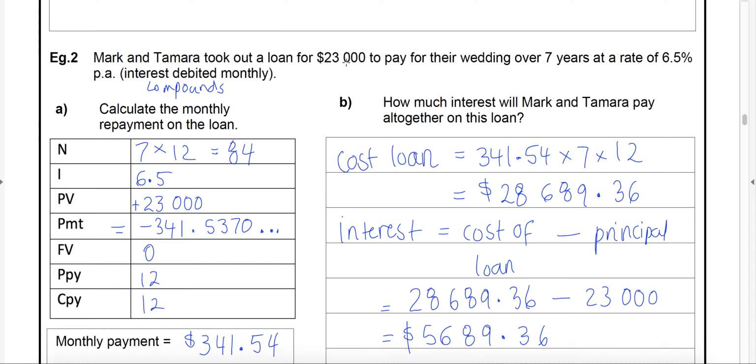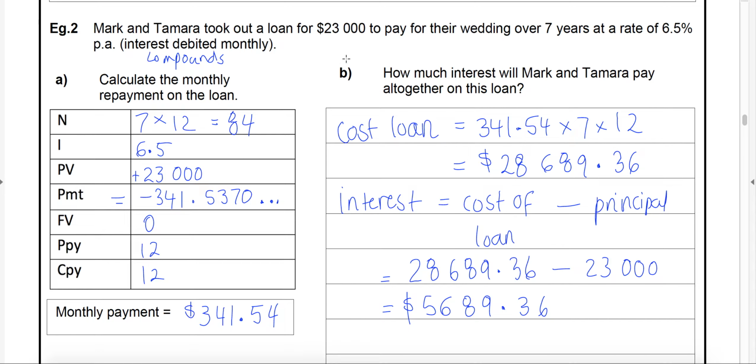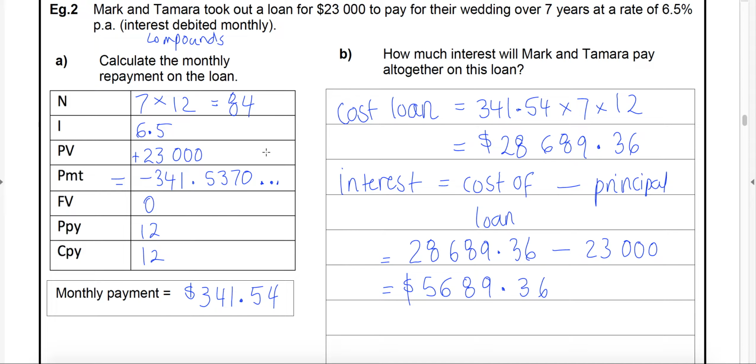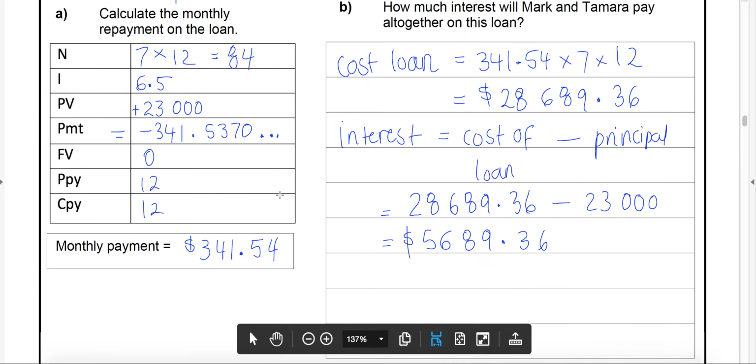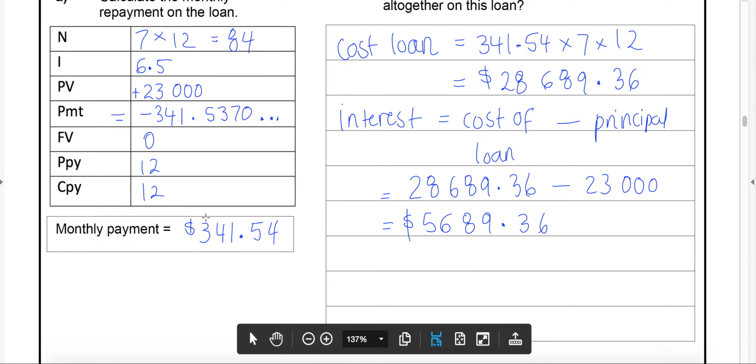They had to borrow all of that money, and they've paid it off over a substantial period as well, so over 7 years at quite a high rate of 6.5%. So it's a more costly way of them paying for that wedding. However, they were able to pay for it straight up and then pay it back gradually with this small payment here monthly.